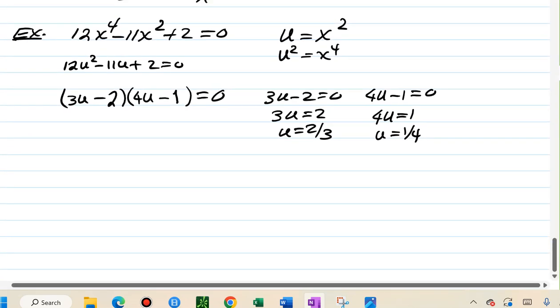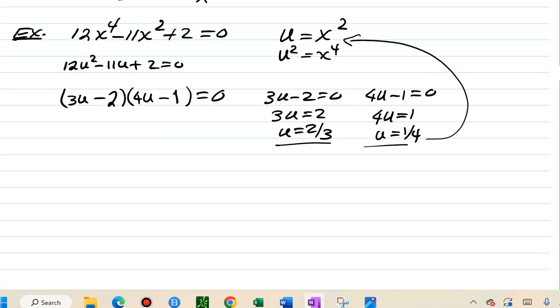And now we can substitute for u into here. Now this is a polynomial equation, right? 4th degree polynomial equation. So the domain is all real numbers. For polynomials, their domain is always all real numbers. So let's try now. X squared is equal to 2/3, or x squared is equal to 1/4.